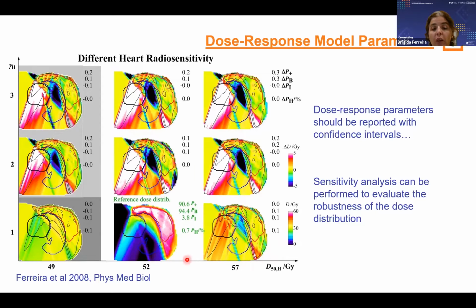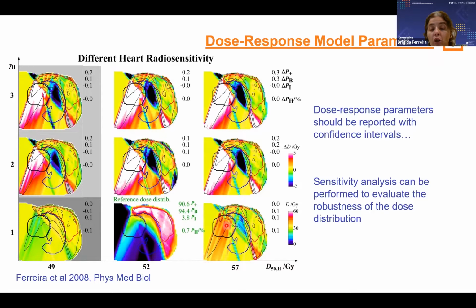And these are within the range of the standard deviations of the parameters of these models. And what you see here is the difference between the optimal dose distribution for this patient and this dose distribution, because this is the one that I can calculate because it's the average dose response values that I have.